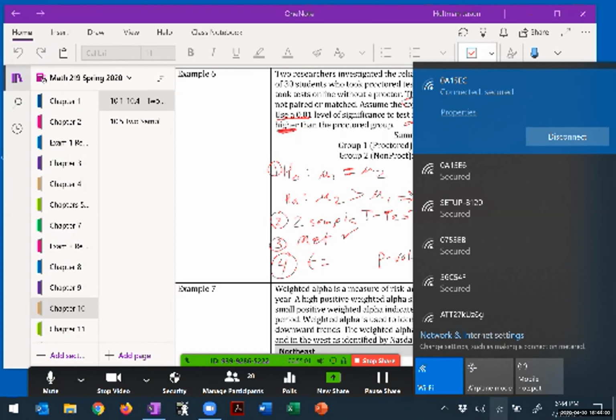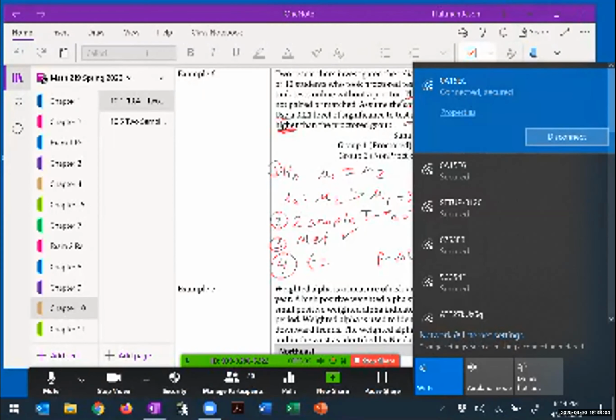It was better when you initially did it, but now it got worse. The interesting thing is that your picture is crystal clear. It's just the image that you're sharing that is unreadable. So it's the sharing aspect of it. When you initially shared it, it was perfect, but then when you got up, whatever you did made it worse.